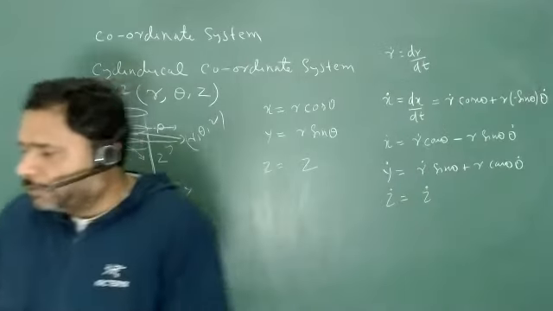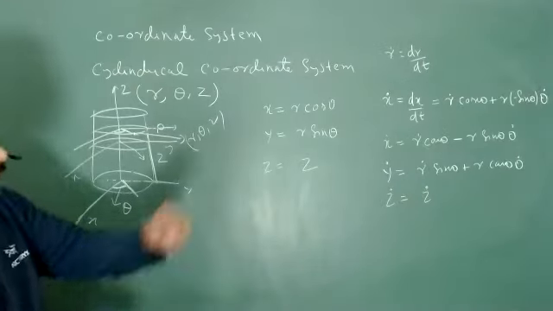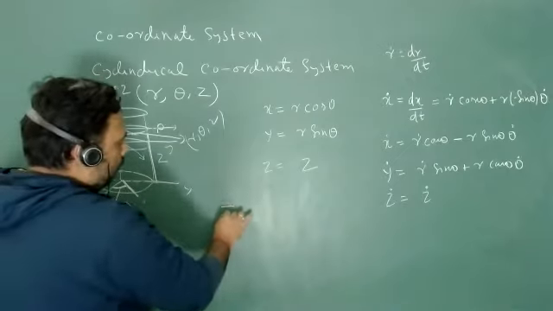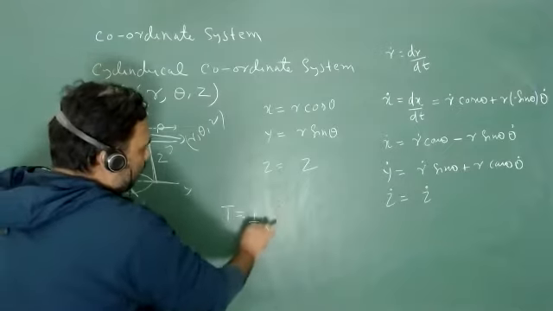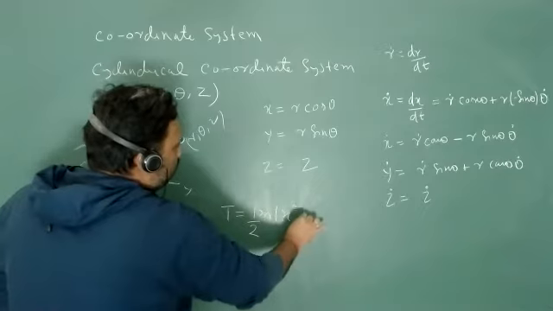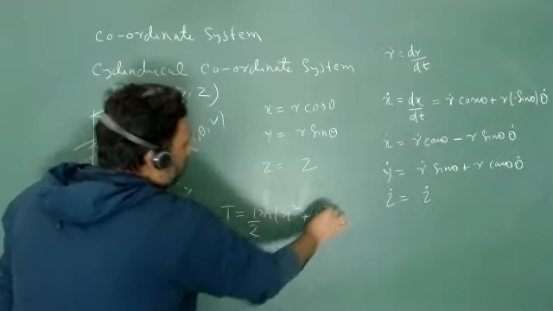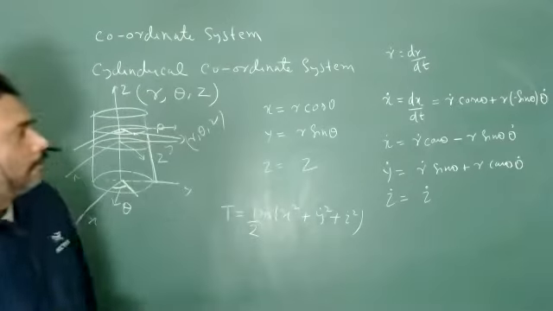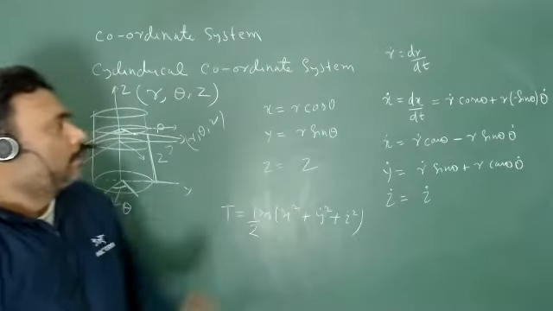Now we can write the kinetic energy in cylindrical coordinates. We have defined kinetic energy as half m times x dot square plus y dot square plus z dot square. Now we have to go for x dot square plus y dot square.